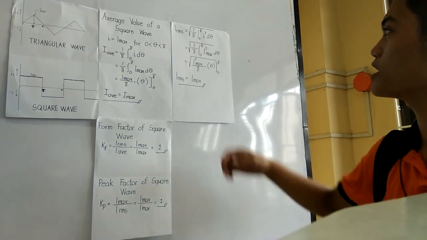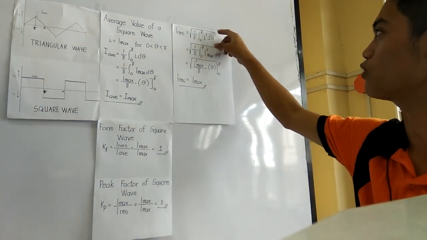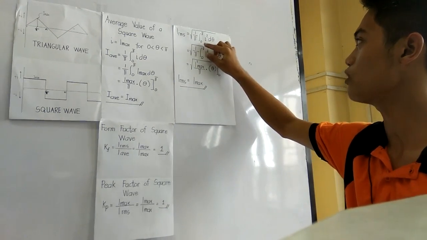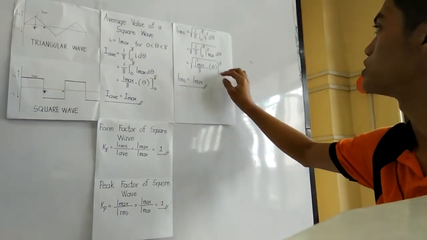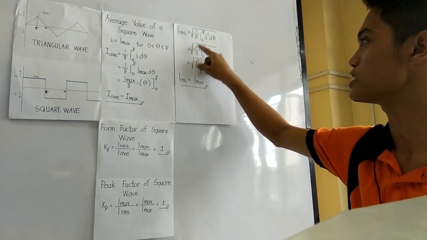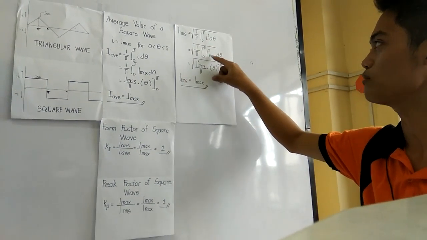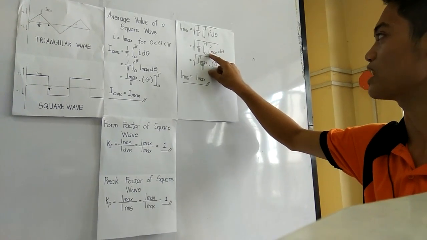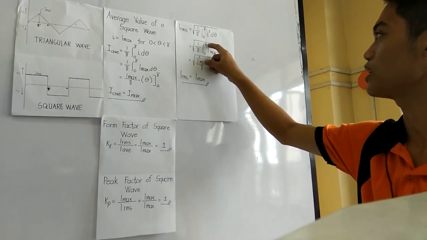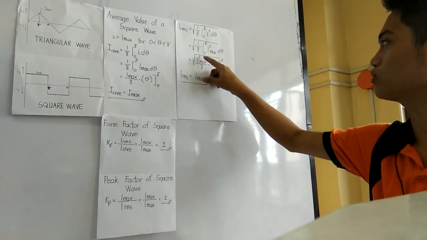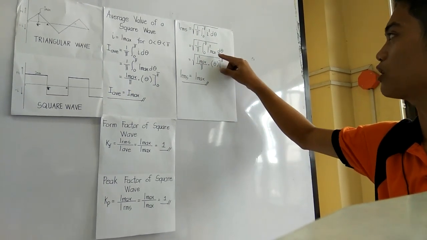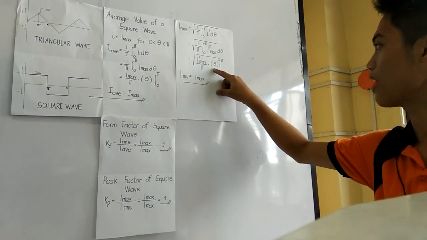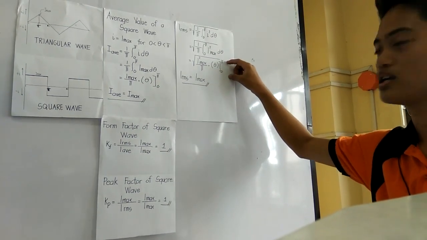Next, in finding the RMS value, it is given in the form of square root of 1 over pi, integral of I squared d theta from the limits of 0 to pi. So, substituting the value of I, which is I max, making it I squared maximum. Then, since it is a constant term, we need to extract it from the integral sign, making it square root of I squared maximum over pi times the integral of d theta, which is theta from the limit 0 to pi.